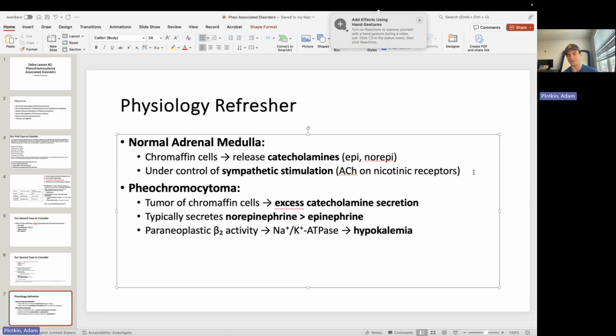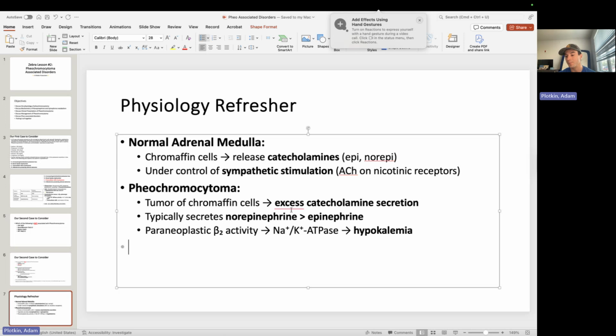That's far beyond what I want to talk about today because it gets too far into the weeds. But remember, the adrenal medulla is under sympathetic stimulation, and acetylcholine is the neurotransmitter running the show here to cause the stimulation and the release of epinephrine and norepinephrine. All right. So pheochromocytoma is a tumor of those chromaffin cells.